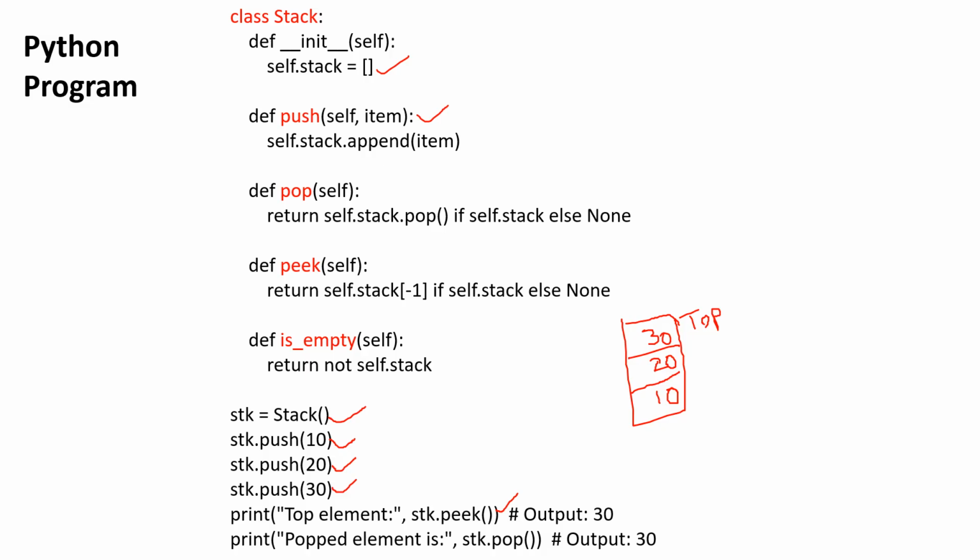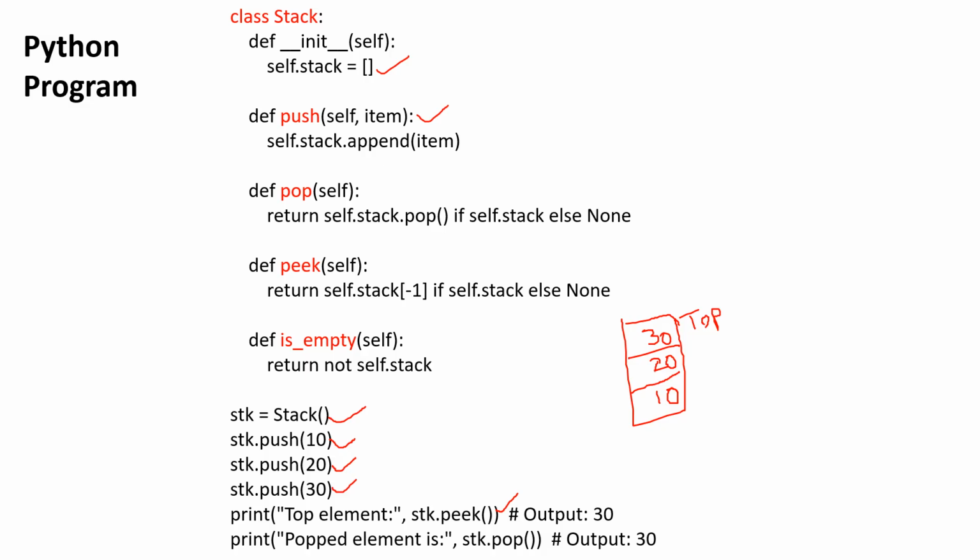This is the sample output I have written here. Peek returns the topmost element, and pop also returns the deleted element. We are just printing the deleted element, that is 30. Stack.pop means the topmost element gets deleted, but here I'm going to print the deleted element. This is the simplest program to know how the stack operations go on.